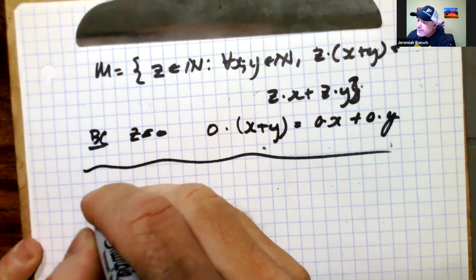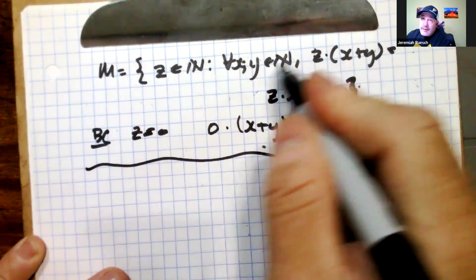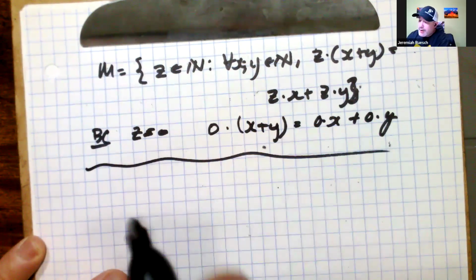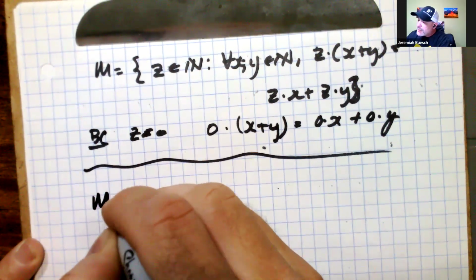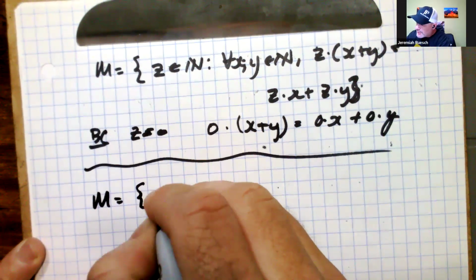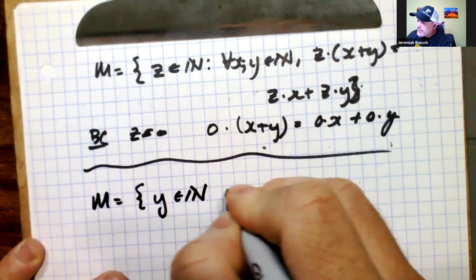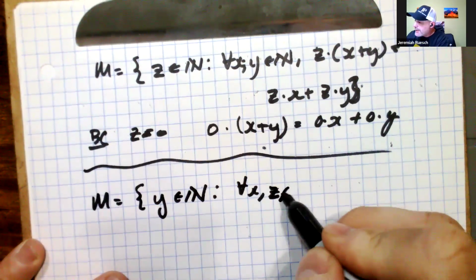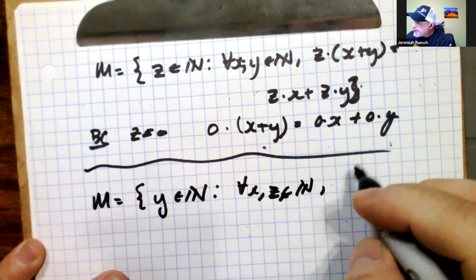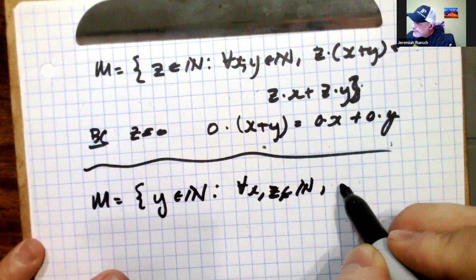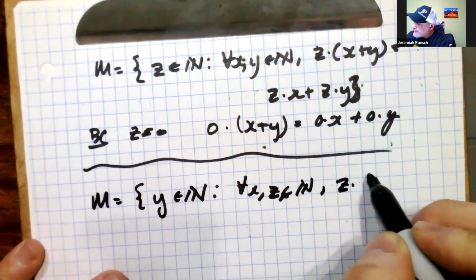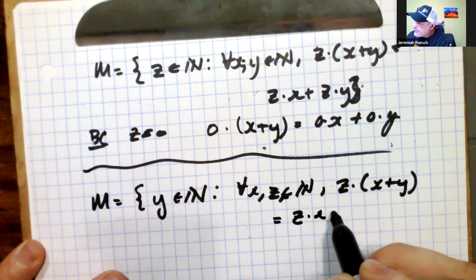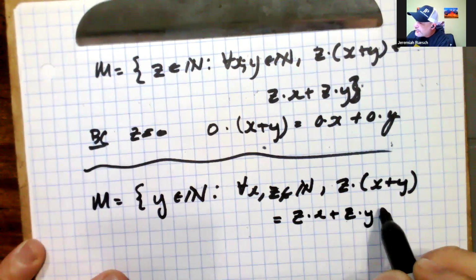And so here's what I mean by that. Let's not ignore this. Let's take this and go, okay, so it's an undefined operation here. So what if we say, let M equal the set such that y is in the natural numbers, then for all x and z in the natural numbers, we want to have that z times (x plus y) is equal to zx plus z times y.